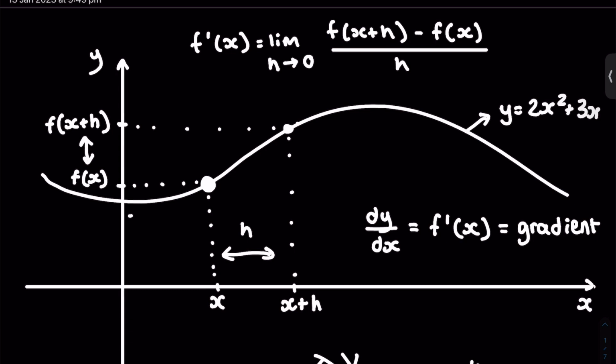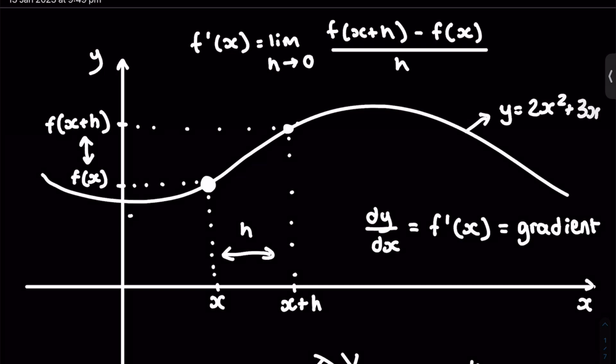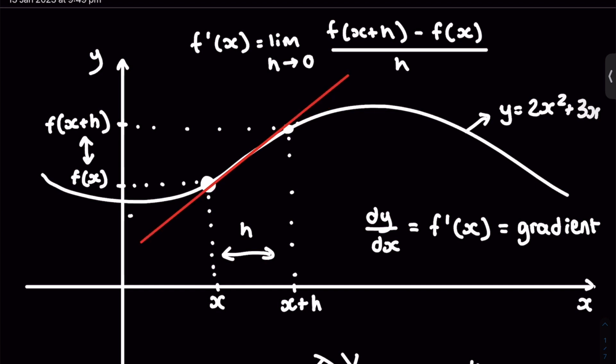It's actually where this limit of h tends to 0 comes into play. To find the gradient at any given point, it is actually the tangent that comes off this point. So let's say we're finding the gradient at x. Our problem is that if we had 2 points quite far apart from each other, and we join a line together and find the gradient between them, this is relatively close to the red line, but it's not quite what we're looking for.